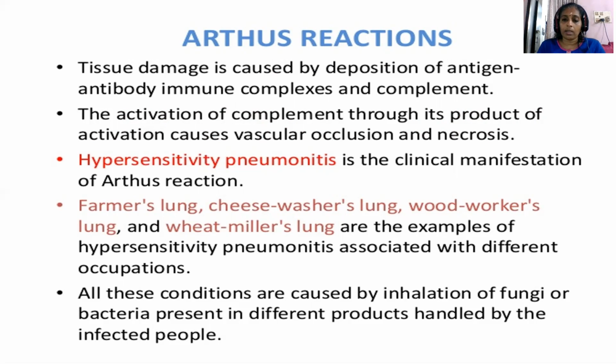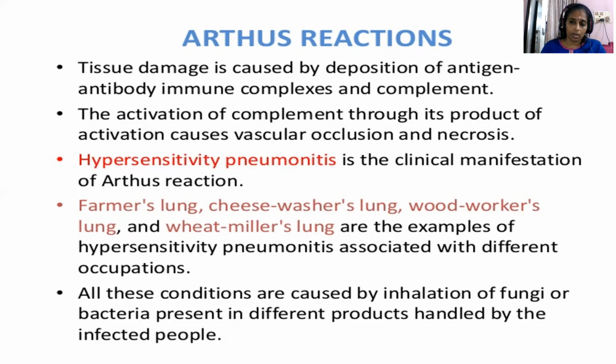Farmer's lung, cheese washer's lung, woodworker's lung, and wheat miller's lung are examples of hypersensitivity pneumonitis associated with different occupations. So this is an occupational-based hypersensitivity reaction. All result in vascular occlusion in the respiratory tract.